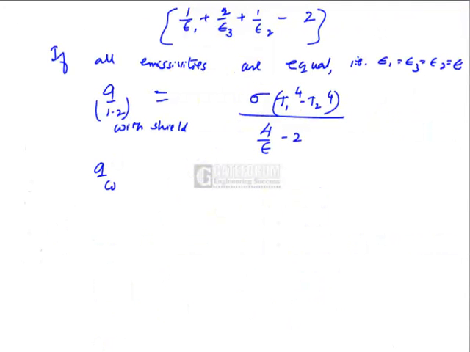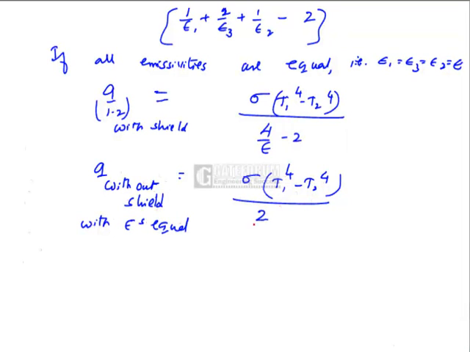But Q without shield, with all emissivities, with all epsilons equal, without shield, it results in sigma (T1 to the power 4 minus T2 to the power 4) divided by (2 by epsilon minus 1).